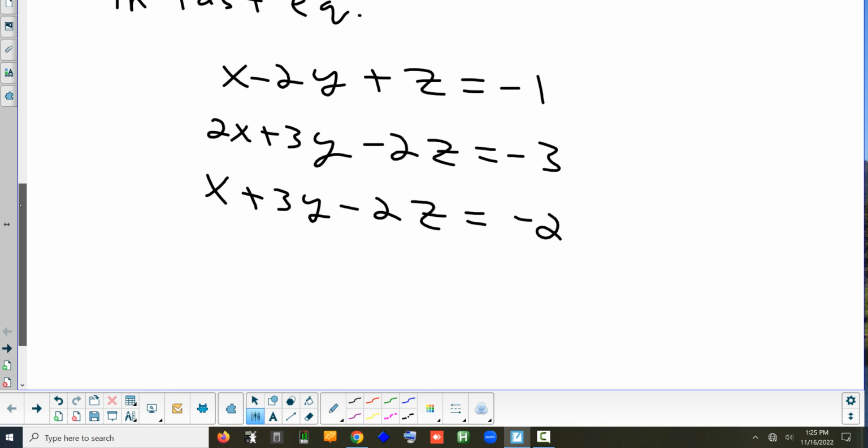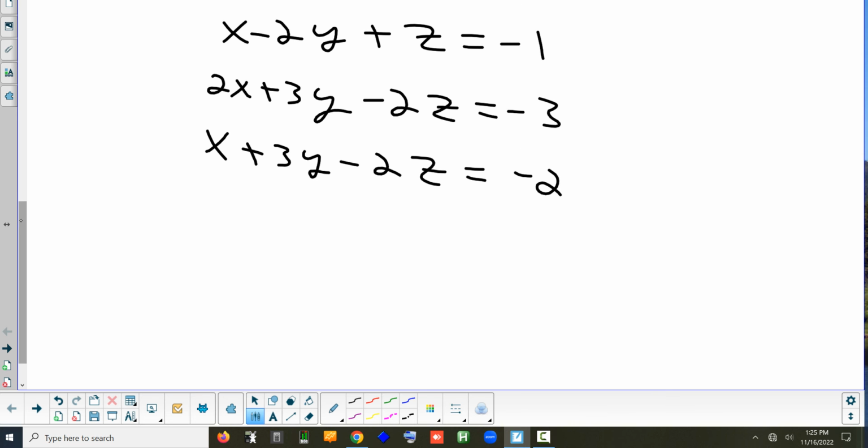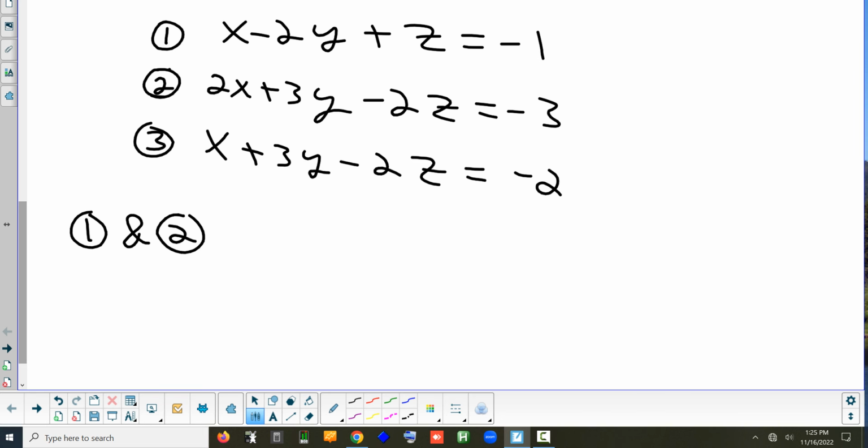So I think you could have done x or z, but they asked us to try to do x. Let's number these equations. And let's try to get rid of x in equations 1 and 2. Anytime I write a number and circle it, that means it's an equation.